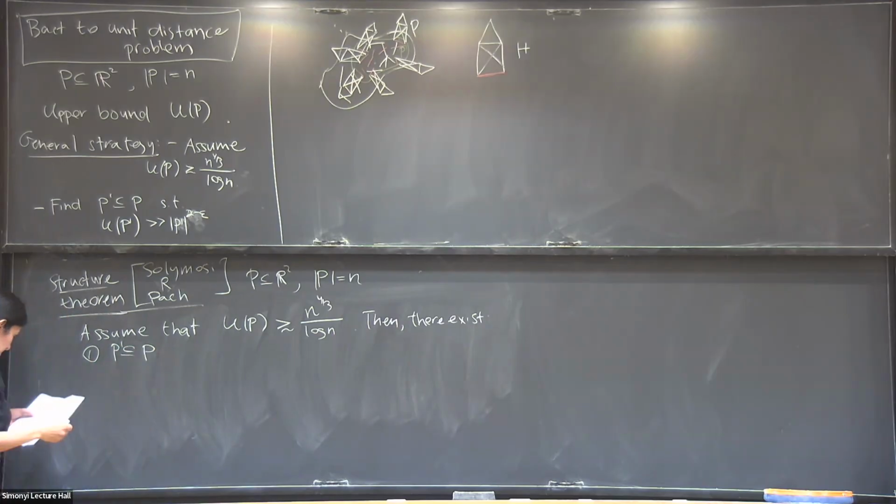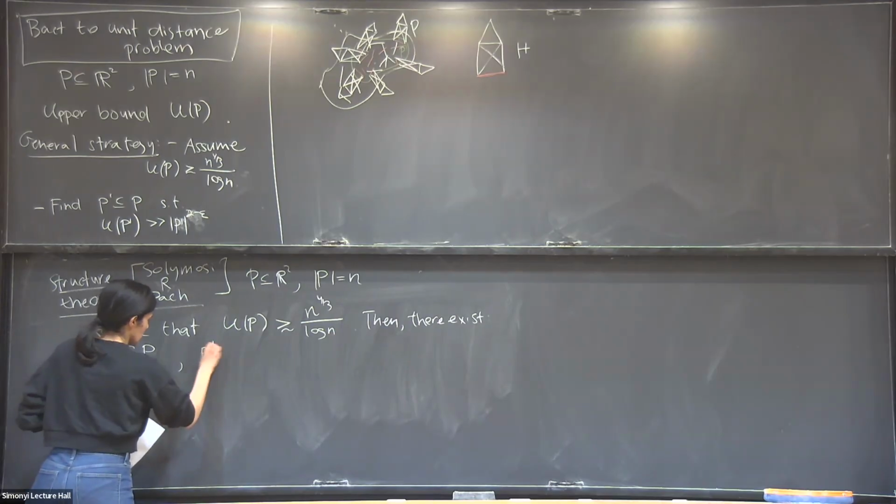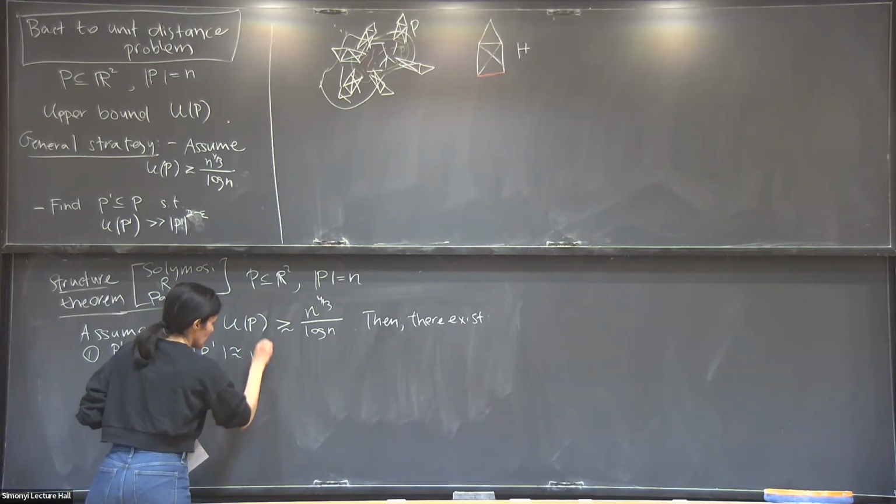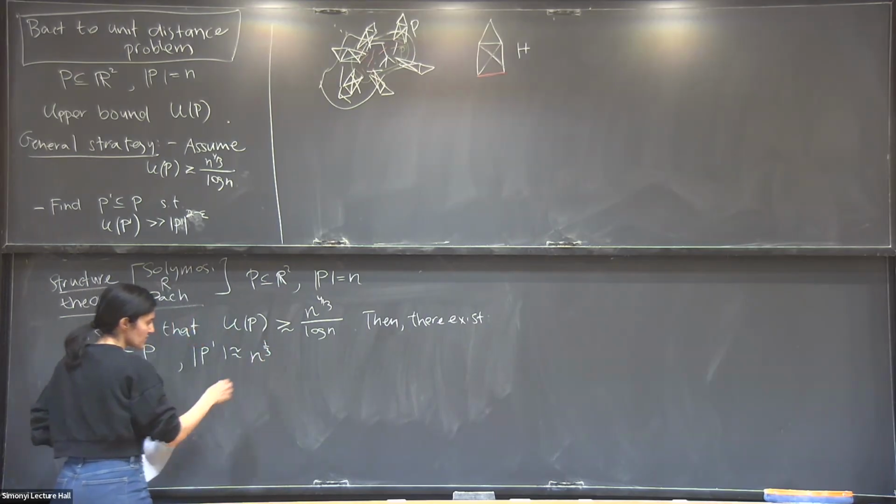Here, there is some subset P prime. This subset is going to have cardinality more or less n to the power 1 over 3, up to some log n factors.